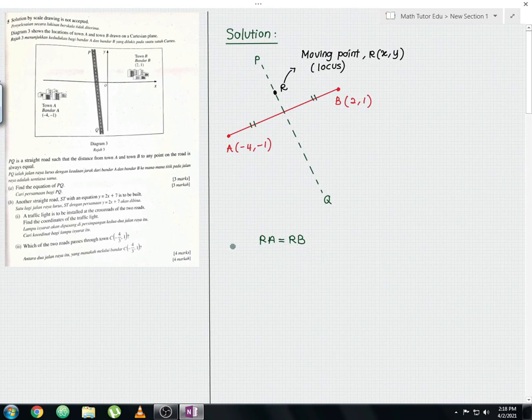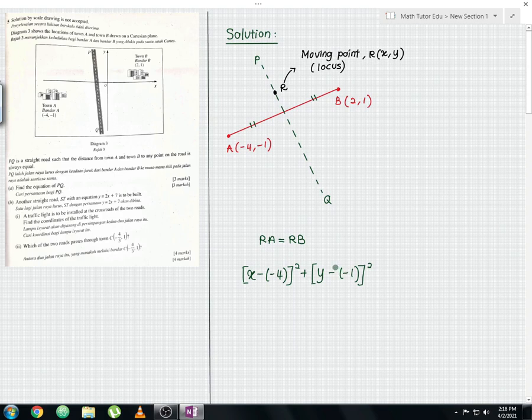Okay, so from here, to calculate the distance of RA, it will be the square root of (x minus -4) squared plus (y minus -1) squared.